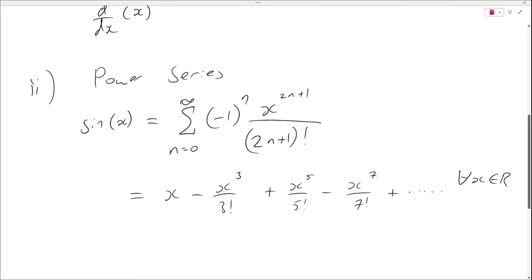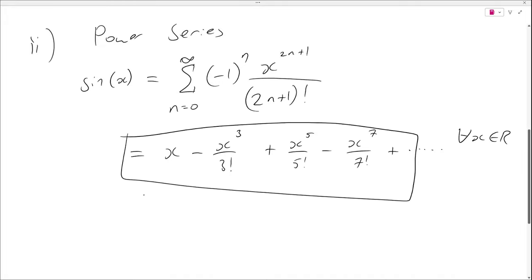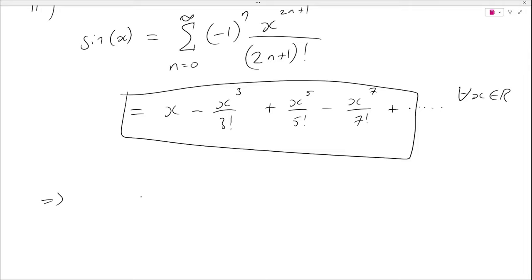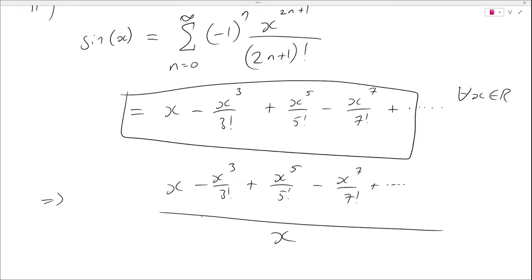Okay, so now let's quickly see how this helps us. If I substitute this value for sine x back into our original problem of sine x over x, let's see what we get. I can now write it out as x minus x cubed over 3 factorial plus x to the 5 over 5 factorial minus x to the 7 over 7 factorial, so on and so forth, all over x.